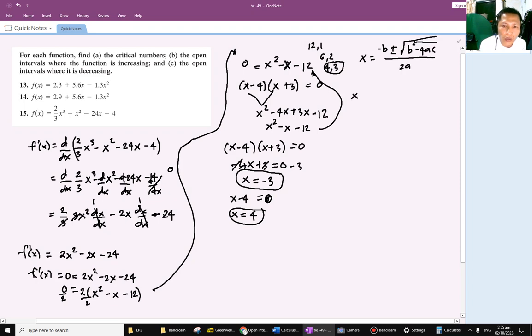So I can substitute x, negative b. Your b is a negative 1. So negative of negative 1 is a positive 1.